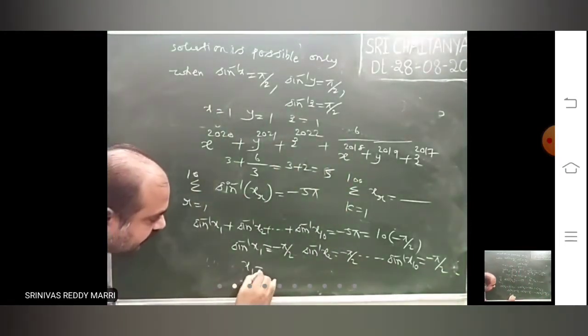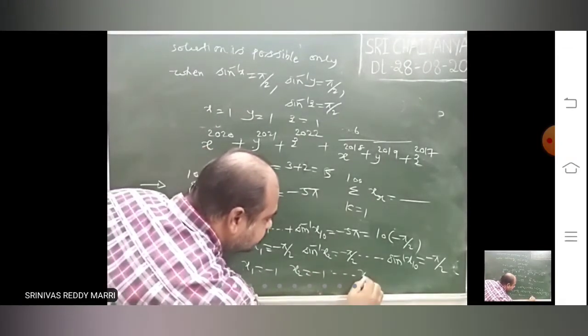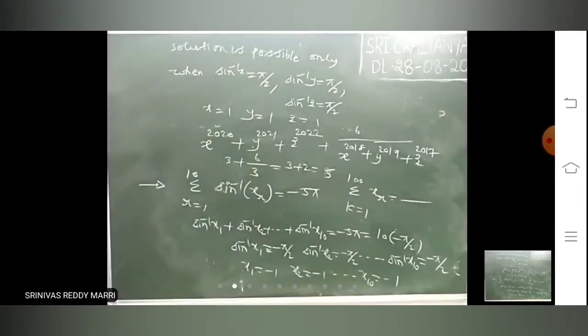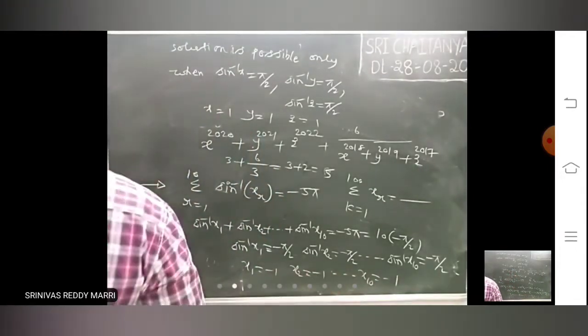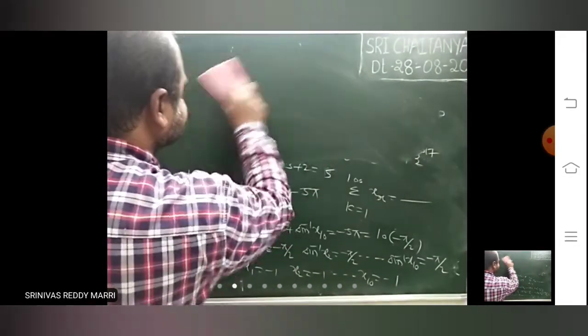Therefore, x1 is what? Minus 1. x2 is what? Minus 1, and so on. x10 is what? Minus 1. So you got these values, x1, x2 and so on, x10.